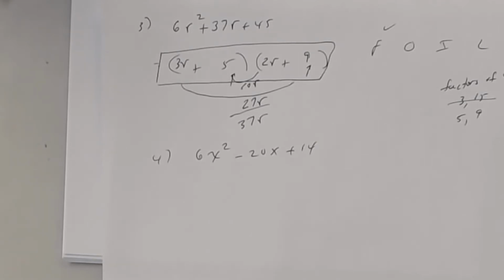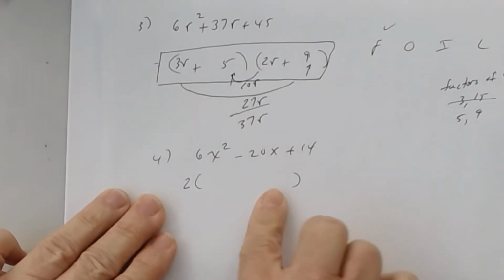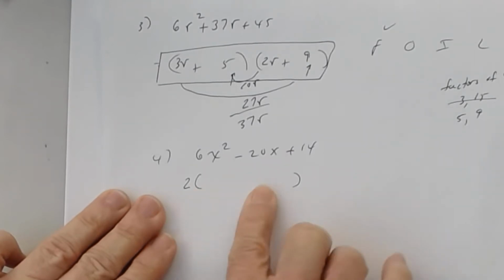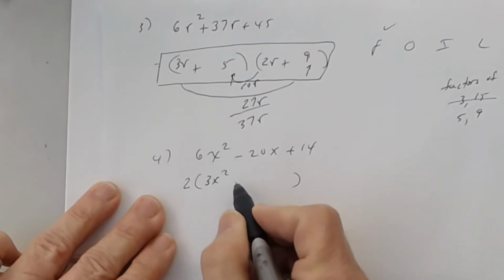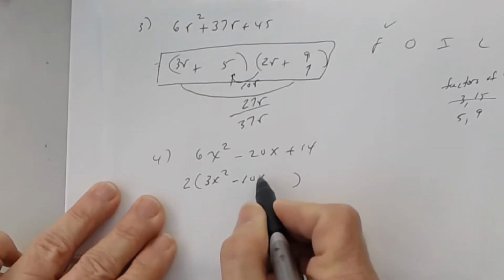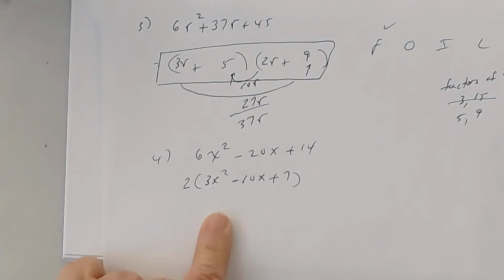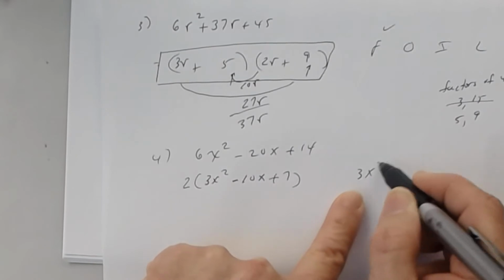But it's always helpful if you do the GCF first, because if you factor out the 2, your trinomial becomes easier to factor. So what do I get for this trinomial right here? 3x squared minus 10x plus 7. So now remember, you're not done, because you got to take this trinomial right here and see if you can factor that further.